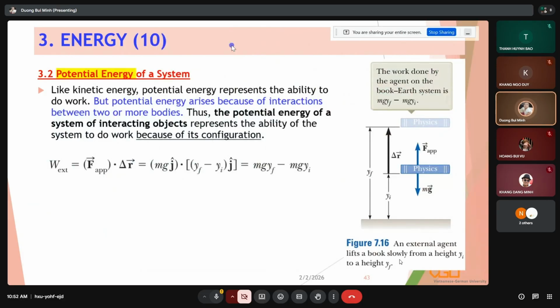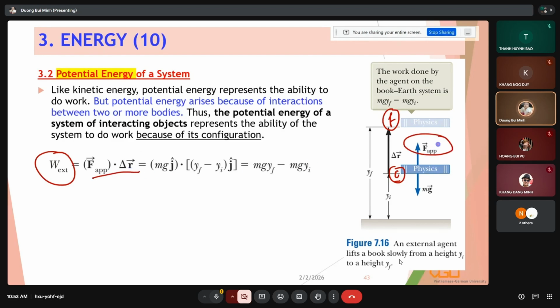Now the second one, potential energies. Of course, we know it from high school, so very quickly. Here we consider the initial position and this is the final position, and of course the book will go upward. So we have external work, F dot delta r.